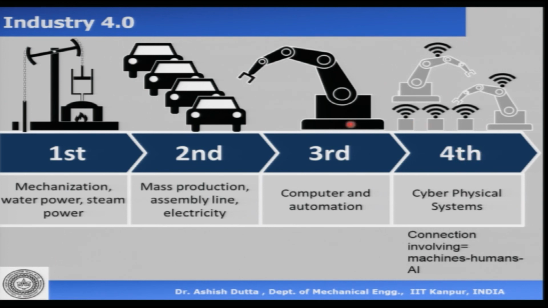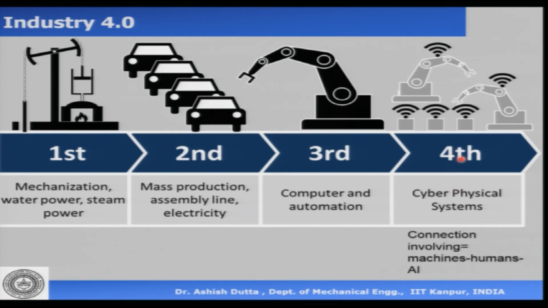Now, what is the difference between this and this? Here also we have robots, we have automation, we have computers, but essentially we also have some other elements. Number one is we have a human in the loop, and plus we have some kind of a cyber physical system. So the difference between here and here is here we have a connection involving machines, humans, and very often AI. So these are what we call cyber physical systems, and this is where we are today.